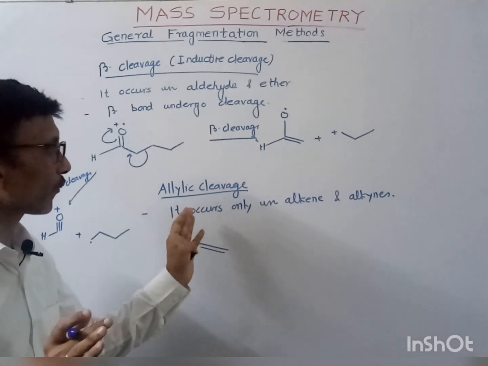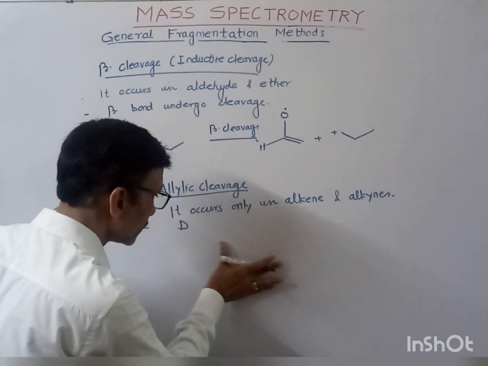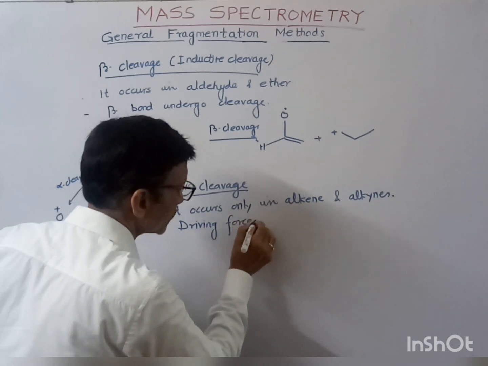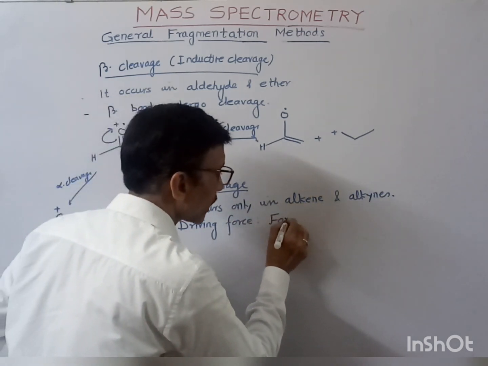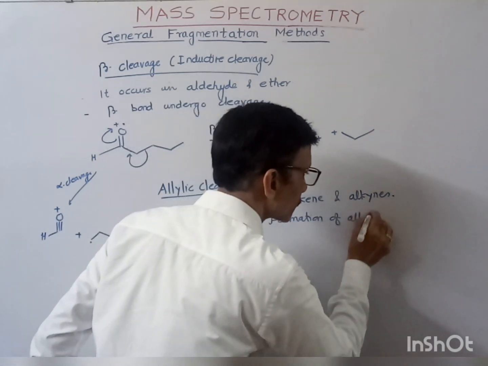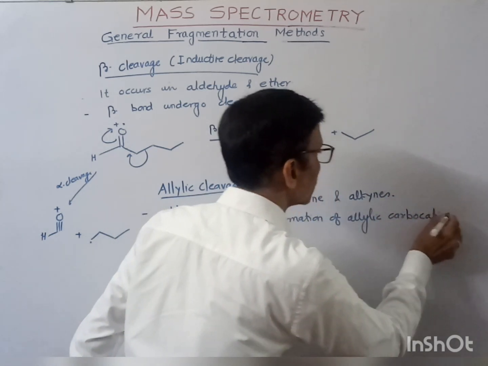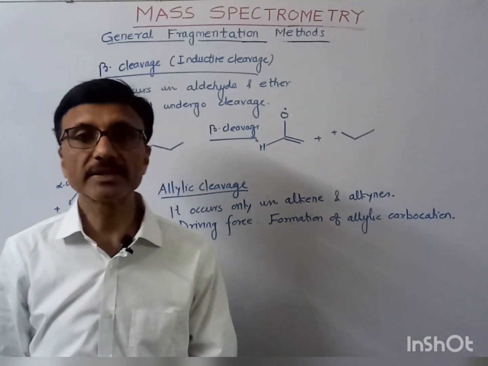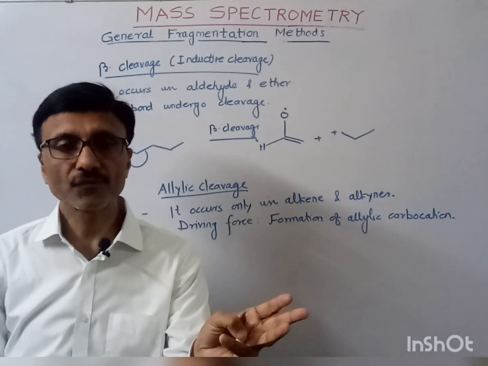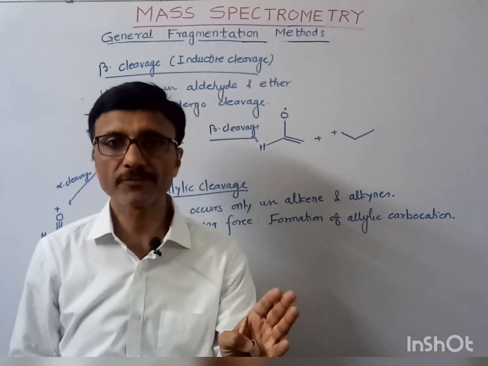The driving force is the formation of an allylic carbocation, which you should remember. So if an alkene is there, you should see whether after fragmentation we can form some allylic carbocation. If this is possible, then we can show the fragmentation from there.